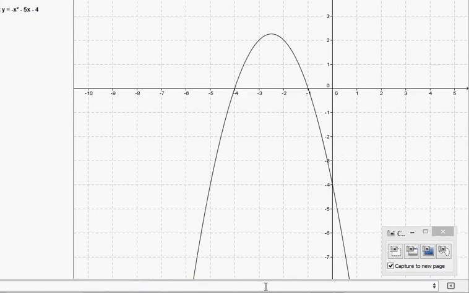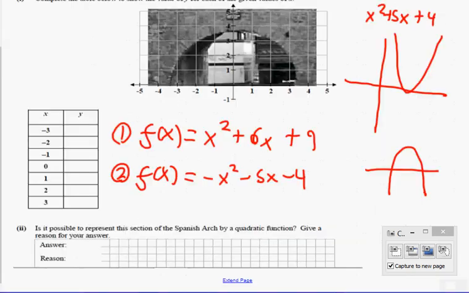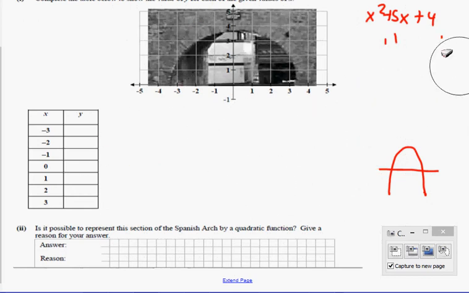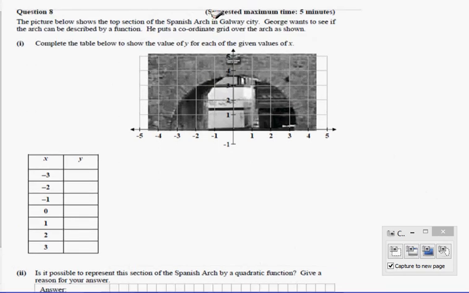Now let's go back to the question we had in the Junior Cert sample paper 2014. So this is what they gave out this year. First of all, looking at this graph here, write down the values for y. When x is minus 3, write down the y value. Now, what you're looking at is this here.